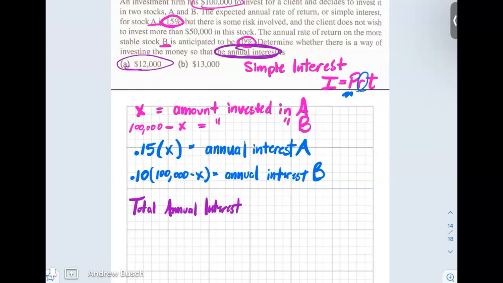We're going to take the total annual interest for account A plus the total annual interest for account B, which should equal our total investment, which we want to be an annual interest of $12,000. That's our goal for part A. So we're going to set that equal to $12,000.